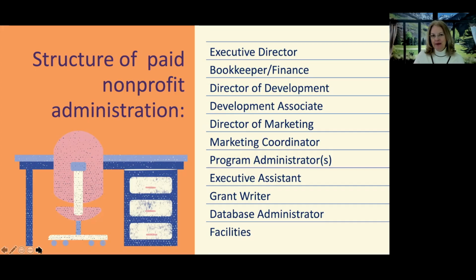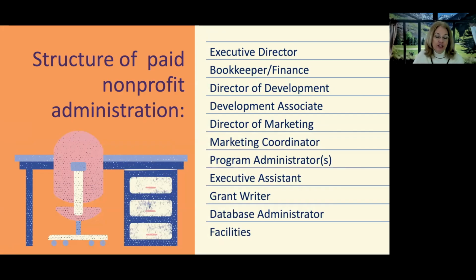So when we talk about the structure of the paid nonprofit administration, this is the administrative staff. We are talking about you, most likely executive director. We talked about bookkeeper and finance. A director of development, that is your chief fundraiser. It could be a vice president, there are lots of different titles that go with that, but usually that is your chief fundraiser outside of you.